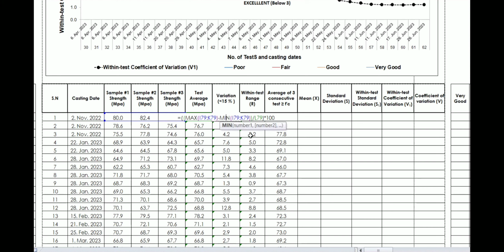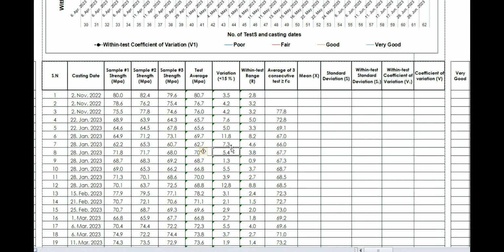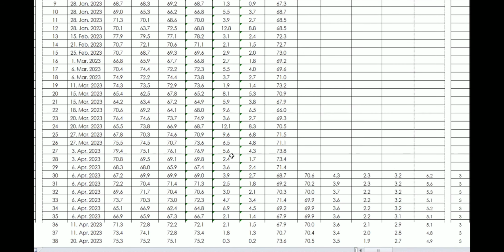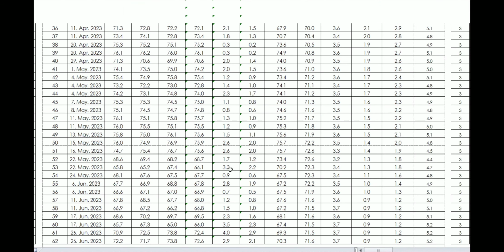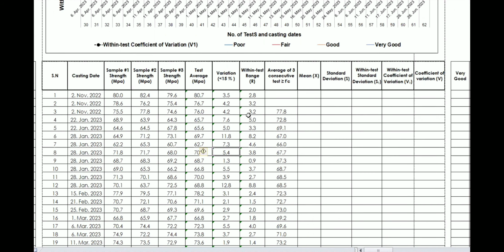This is an open formula. When you use this template, you will see the formula, and simultaneously you can double check from the book. Also, I attached some tables here in this worksheet for quick reference. Whenever you have doubt, you can immediately look at these tables which I attached in this template.